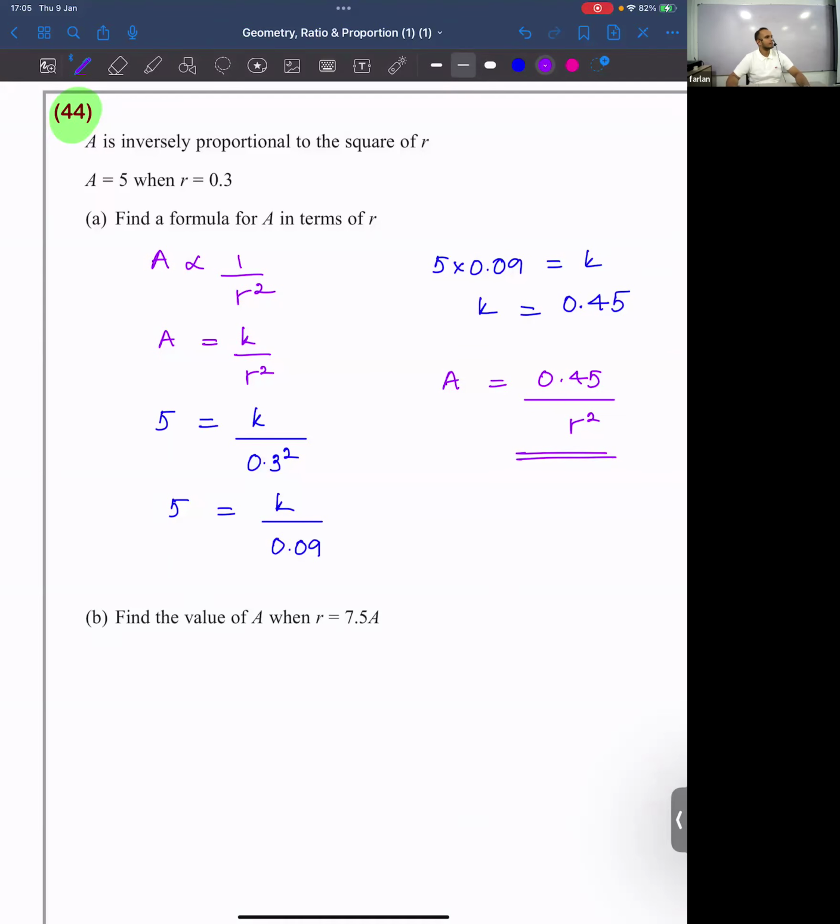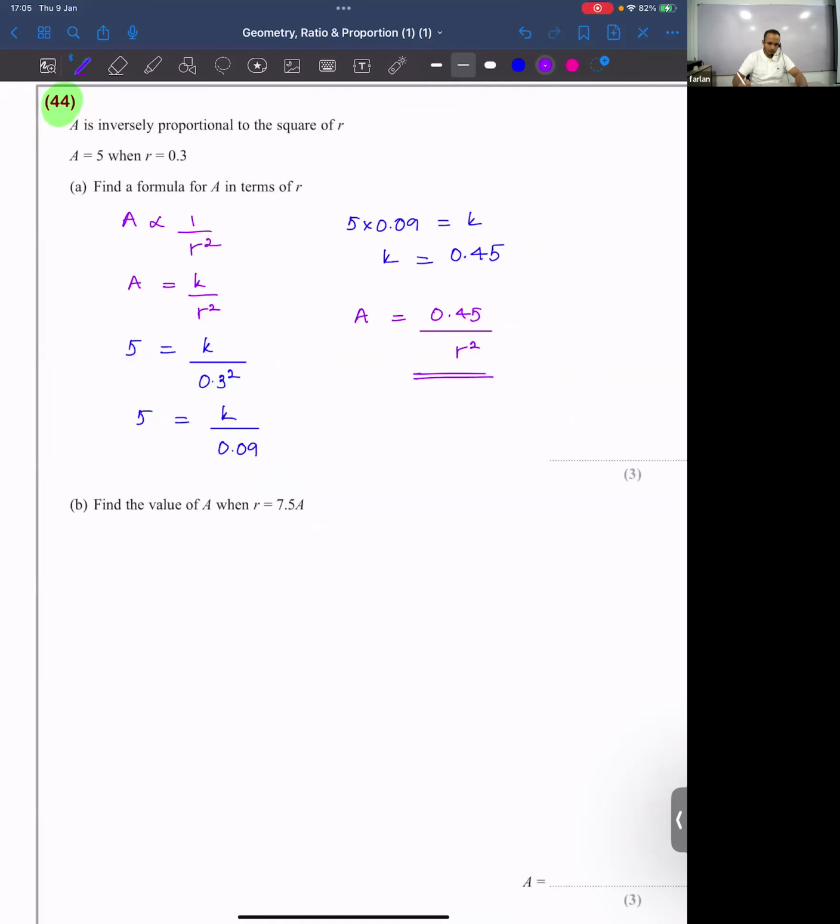Part B. Find the value of A when R is equal to 7.5A. Now the equation is A equals 0.45 over R square.